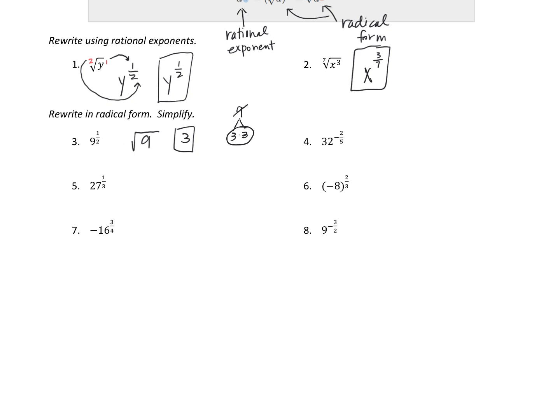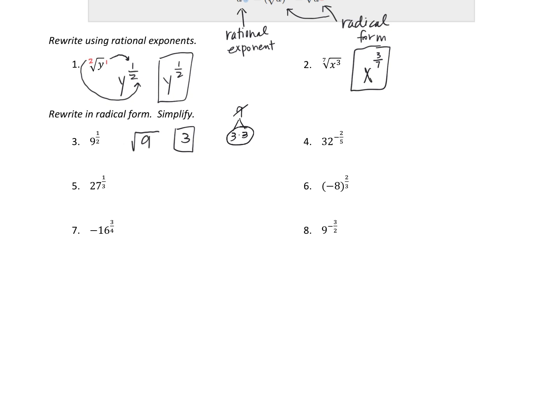Okay, number 4. We have 32 to the negative 2/5 power. In this video, I'm assuming that you already know how to simplify square roots or radicals, and that you remember how to handle a negative exponent. If you don't know how to do those things, you may want to go back and find a previous video covering those topics.